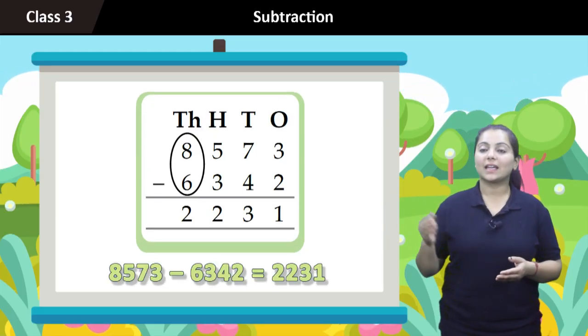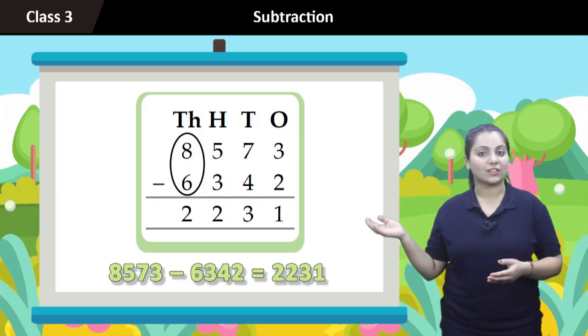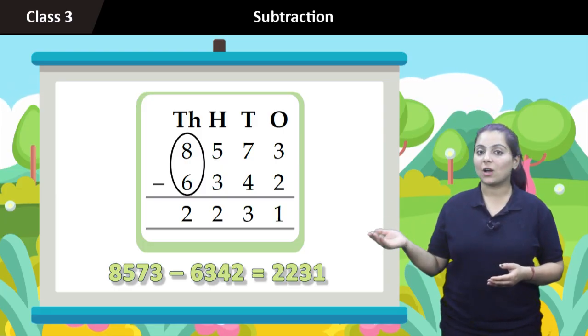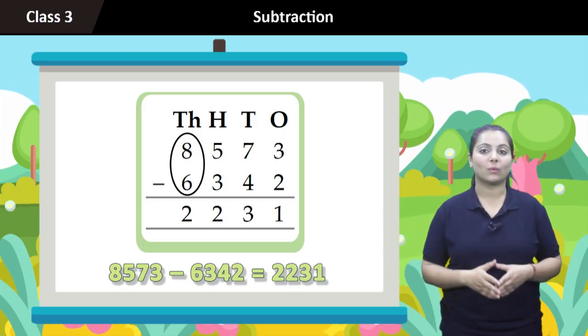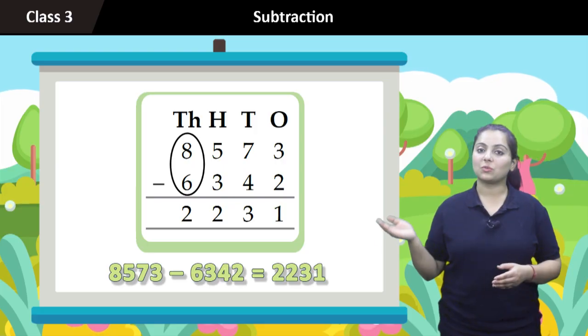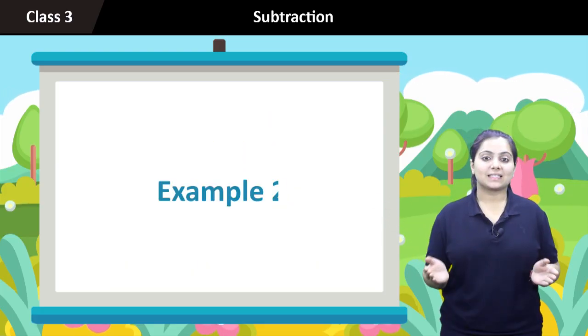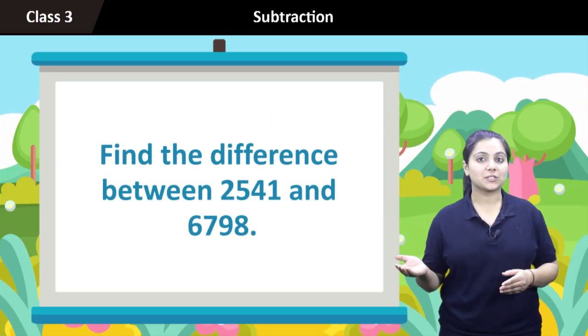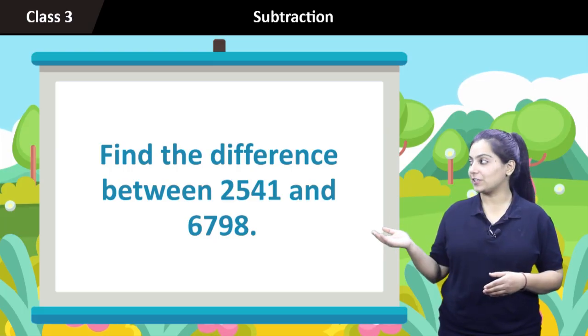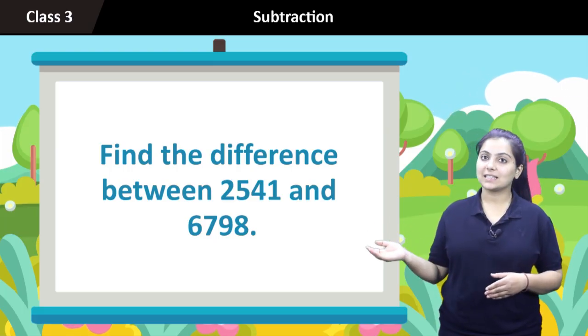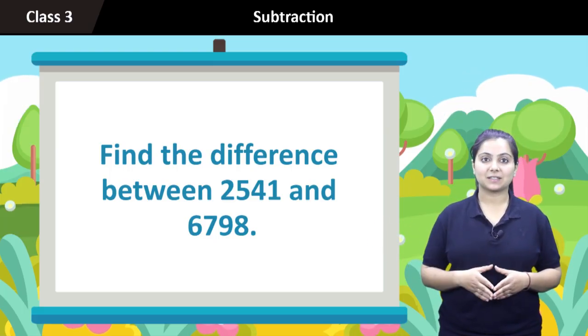Thus, 8,573 minus 6,342 is equal to 2,231. Example 2. Find the difference between 2,541 and 6,798.